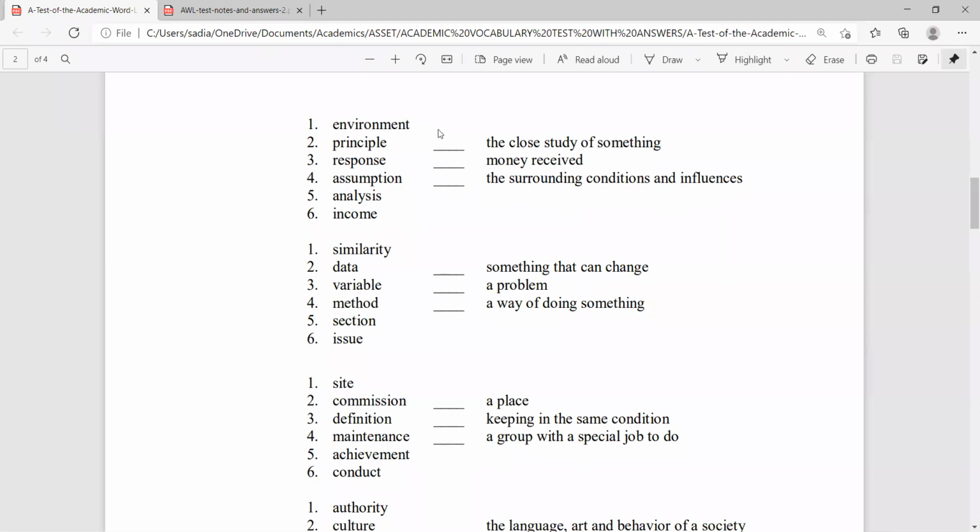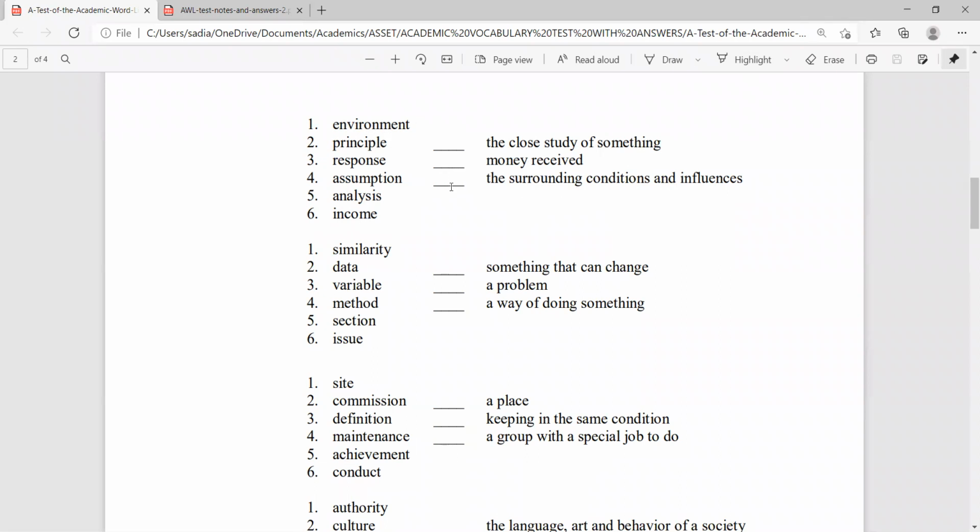I will take 5 and I will write 5 over here. Next is money received. Money received, income. So 6. I'll write 6 over here. Surrounding conditions and influences. I think the word is environment, surrounding conditions. So I will write 1 over here.